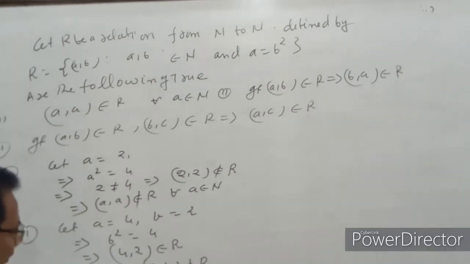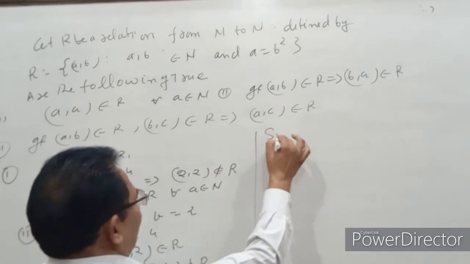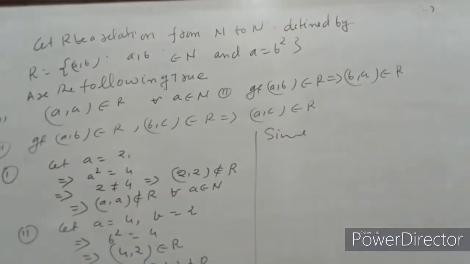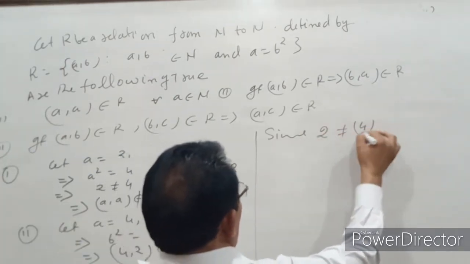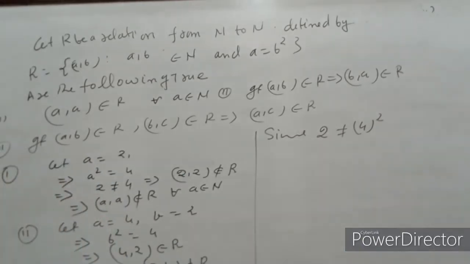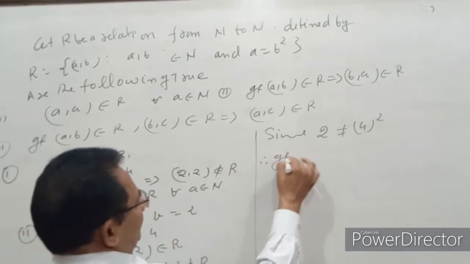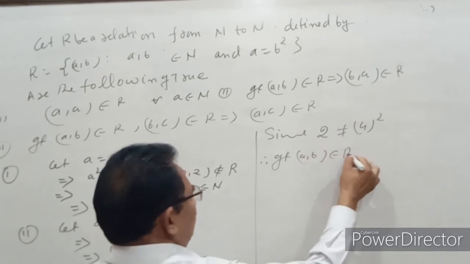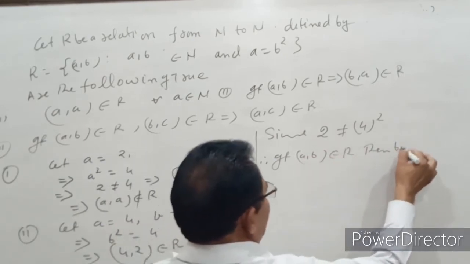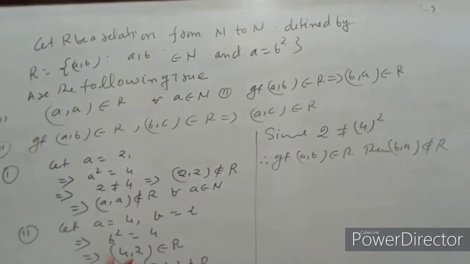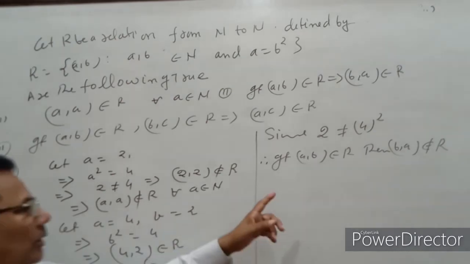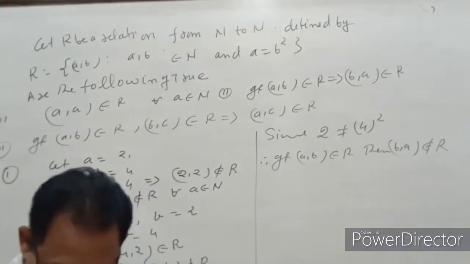Since अगर हम यहाँ देखें तो since the square of 4, 2 not equal to square of 4. So therefore, if ab belong to R, then ba not belong to R. देखिए यहाँ पर 2 का स्क्वायर को ये तो बिलोंग कर गया R को, right, but जो इसका उल्टा होगा ba not belong to R.